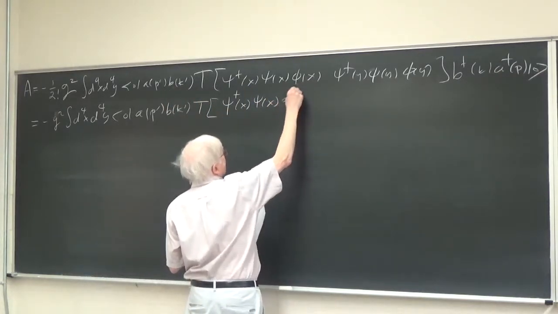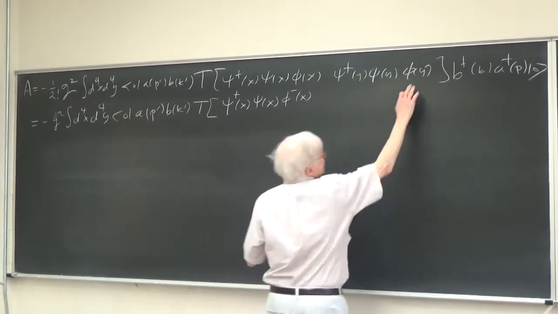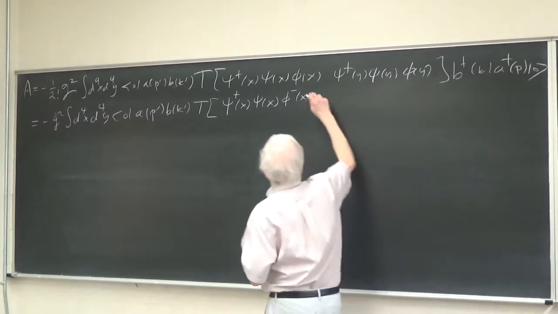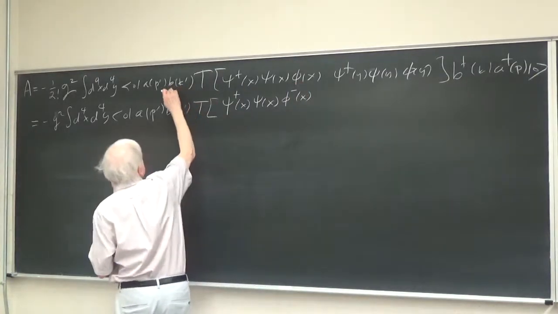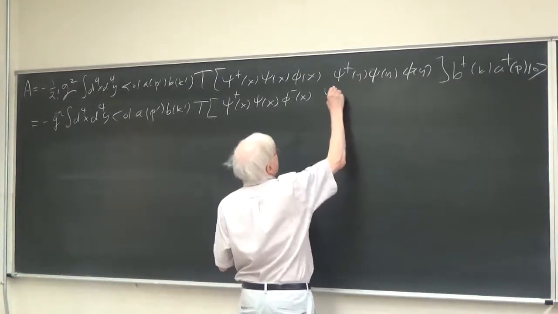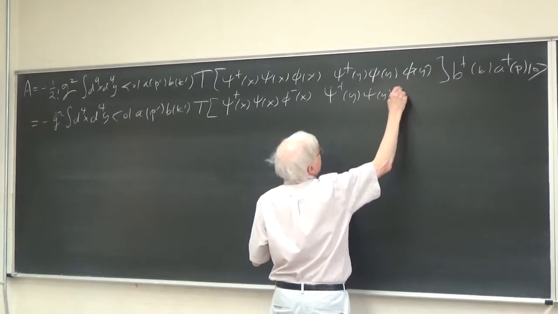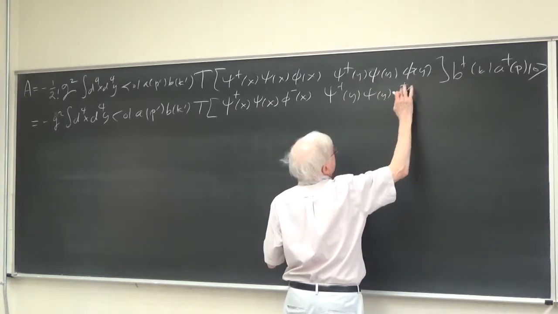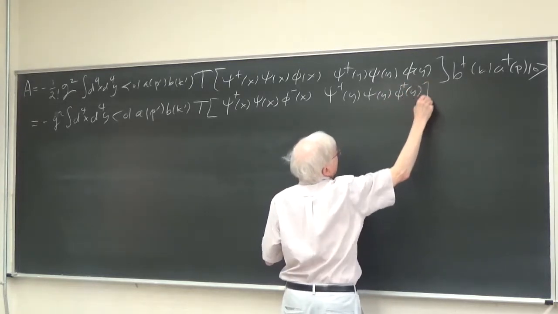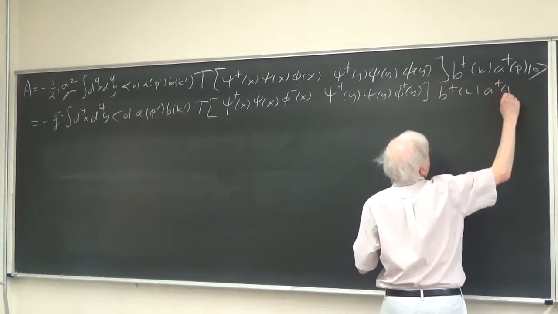So this will be phi minus of x. I'm just choosing this one to annihilate that boson, and this one to create the boson that this annihilation operator annihilates. So this will be psi dagger of y, psi of y, phi plus of y, b dagger of k, a dagger of p.